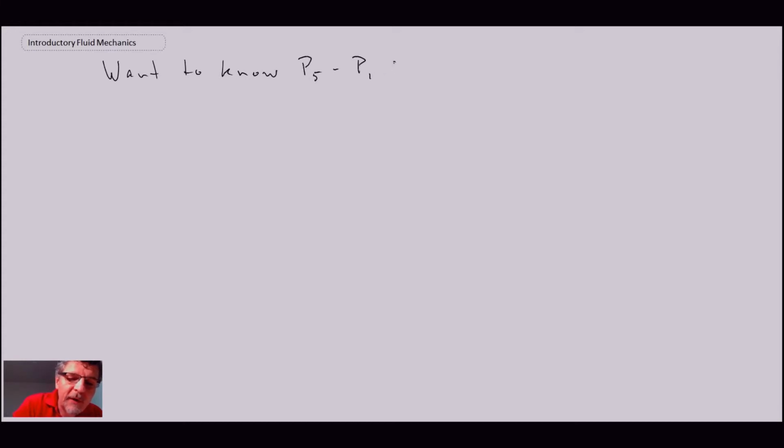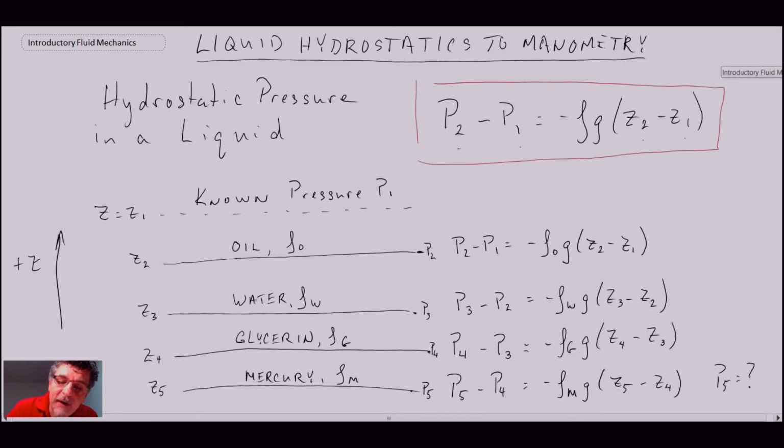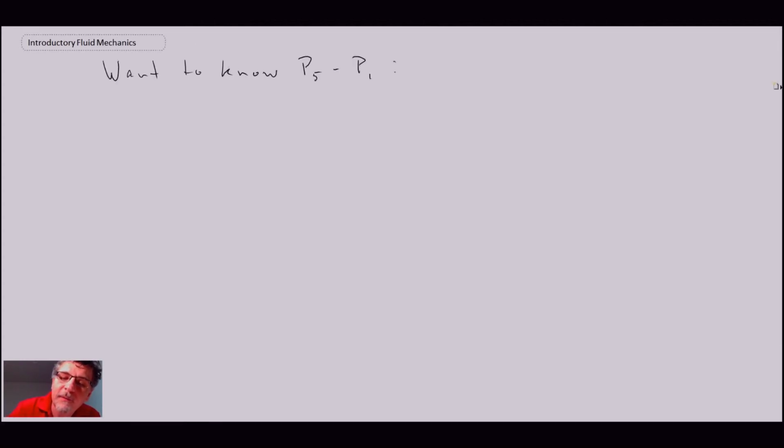If you want to know P5, and you would reference it to P1, which was the known pressure at the top, the way that we would do it is add all of these together, and then similarly on the right-hand side, add all of these together. So let's go ahead and do that.